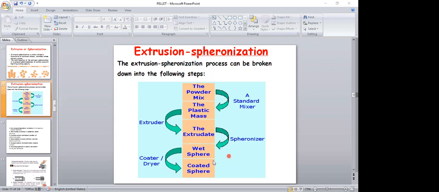Furthermore, you can go for the coating of those pellets also. So in this way, we can form pellets by this extrusion and spheronization technique.